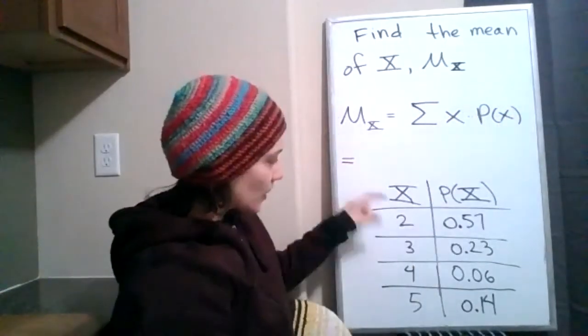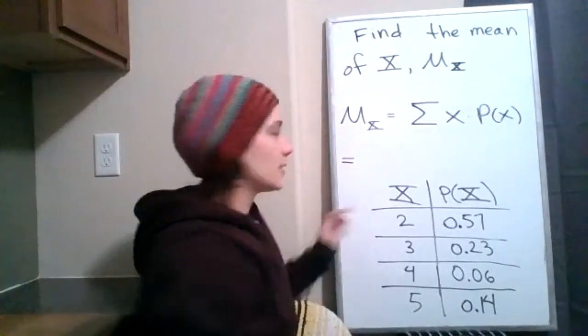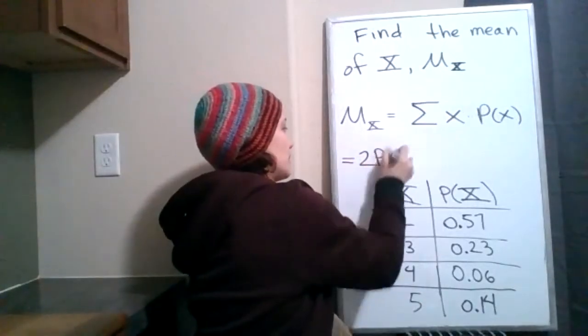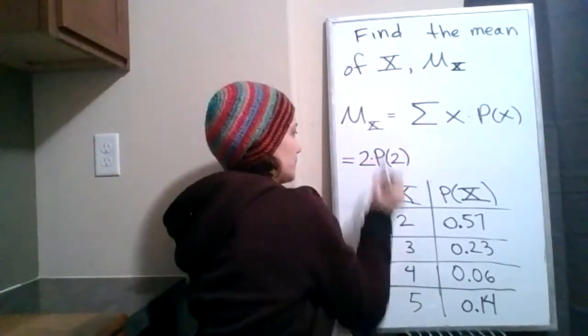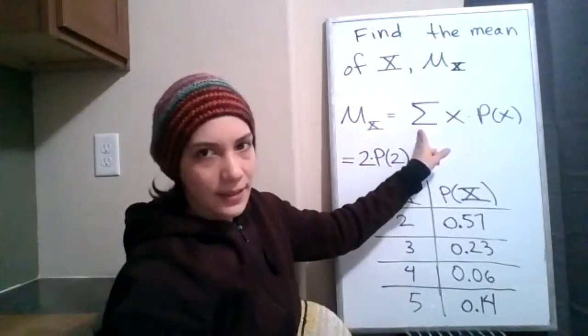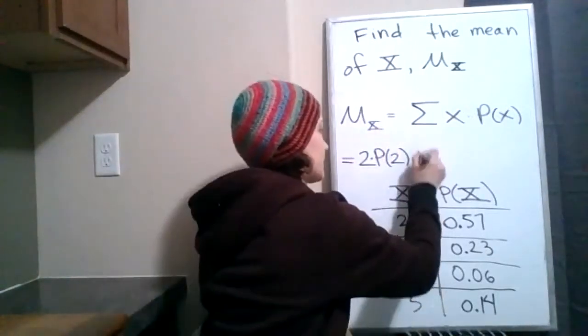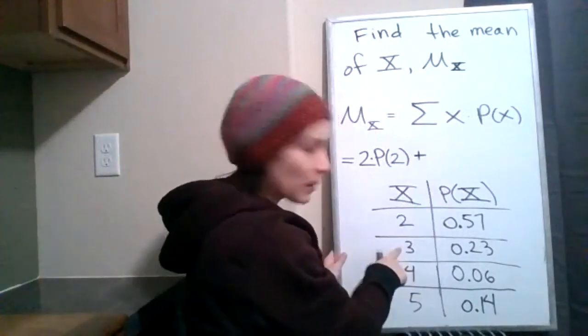So put in 2 for x. Add 3 times probability for 3.